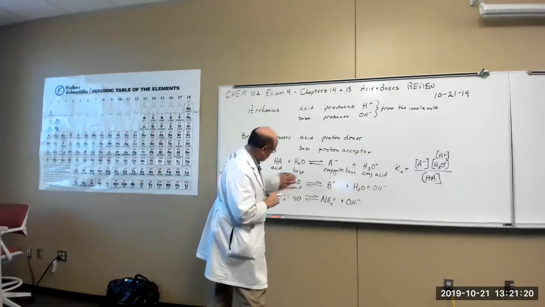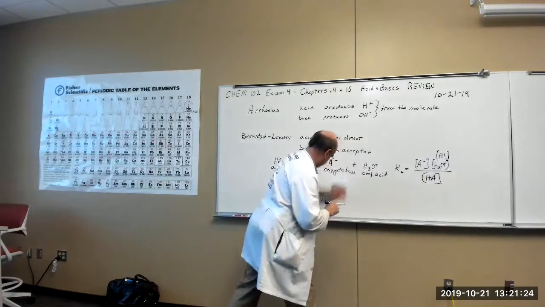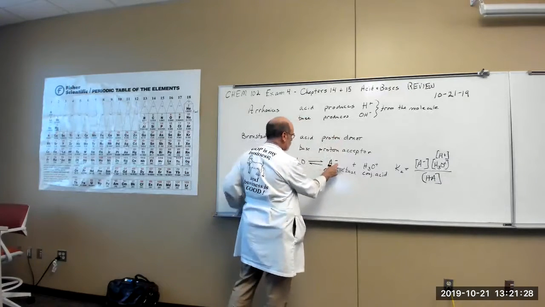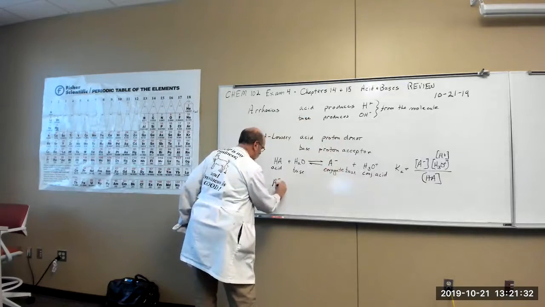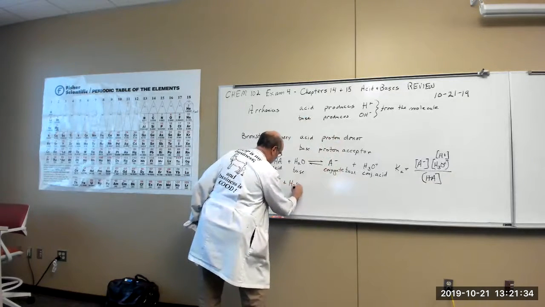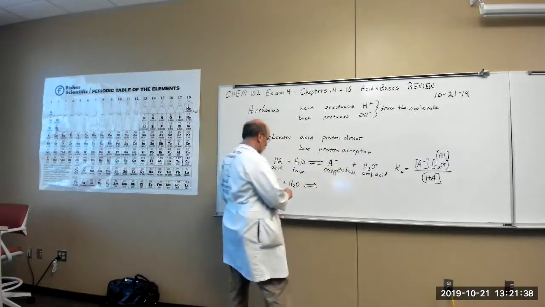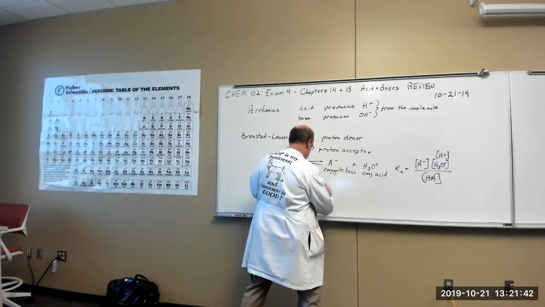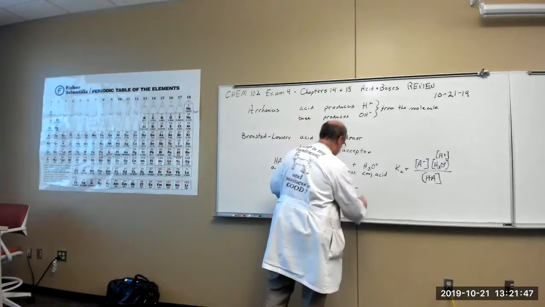So what will be the Kb for this first reaction? The Kb actually takes this proton acceptor and reacts it with water. Okay? So what happens then, it takes a proton and leaves a hydroxyl.